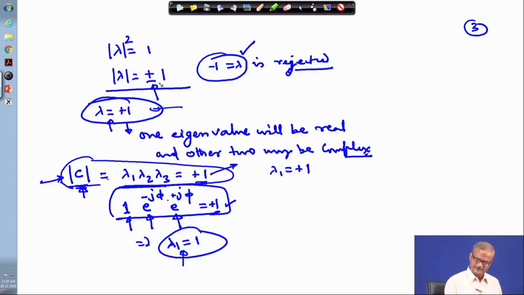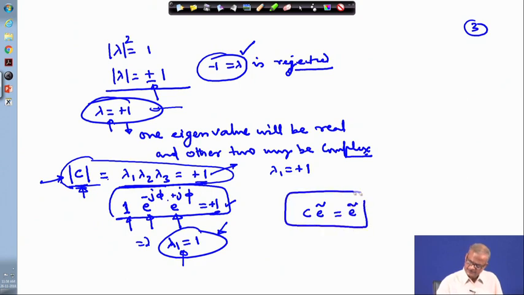As already stated, we will reject the minus one, because this will not be related to the right hand triad we are discussing. Thus, what we see is that C times E tilde equals E tilde, meaning the vector E on which the matrix operates does not change, it remains intact.